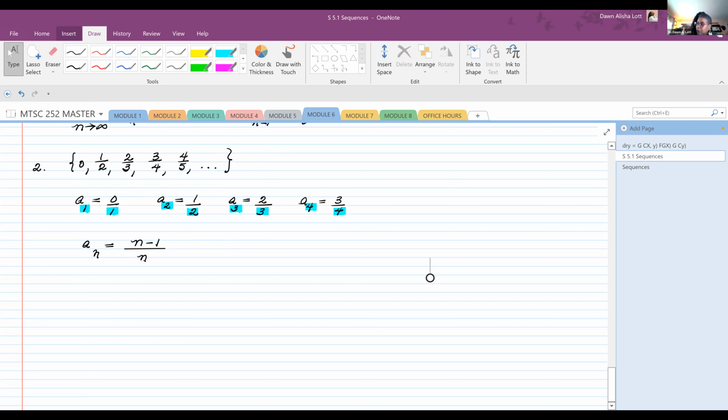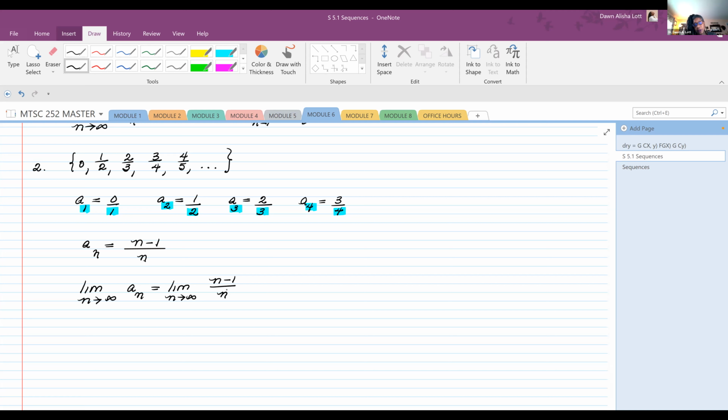Okay. So now we want the limit as N approaches infinity of AN, which is the limit as N approaches infinity of N minus 1 over N. Now there's several ways you can do this. You can use L'Hopital's rule.